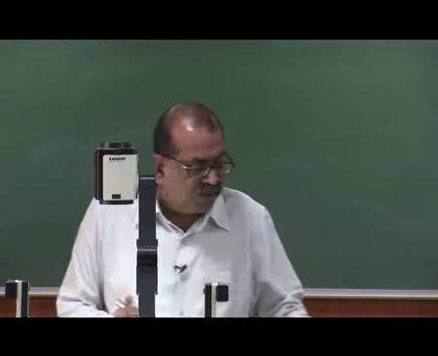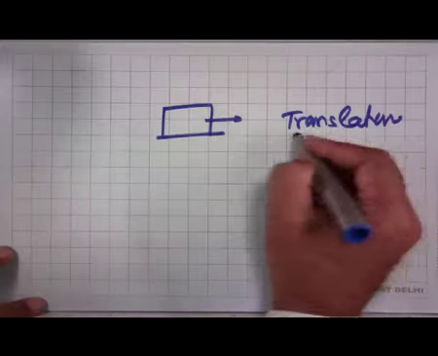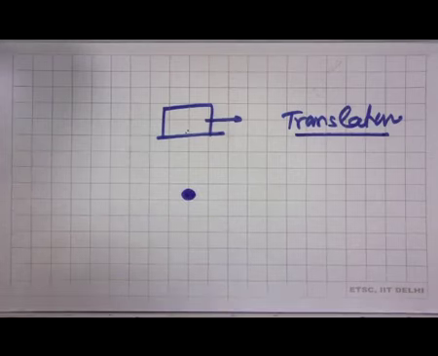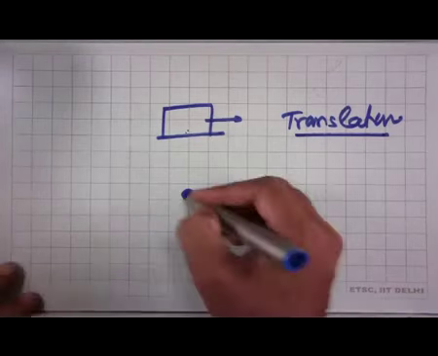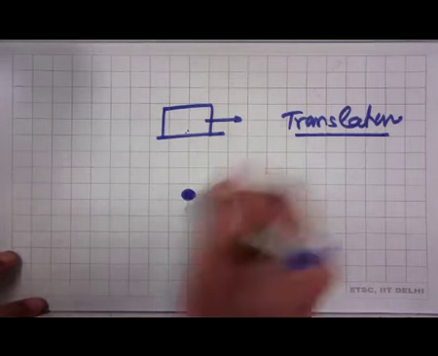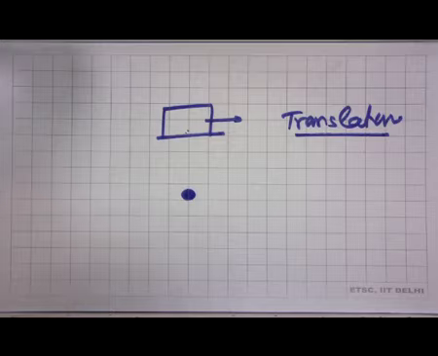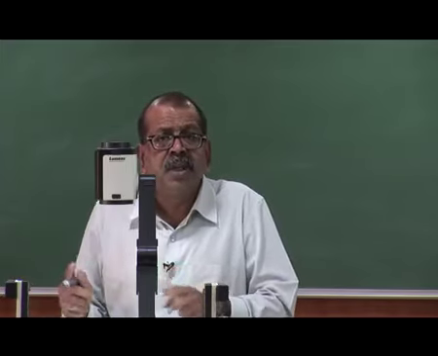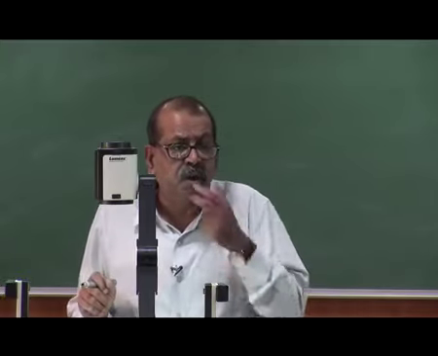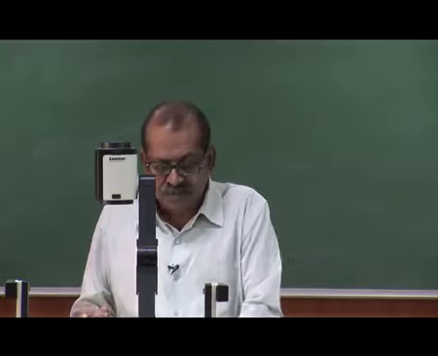In these cases, the block might as well be a single particle shown by a dot. So, we will consider forces acting at the same point. But when we talk of rotation later, then the point where the forces are acting will also become important.